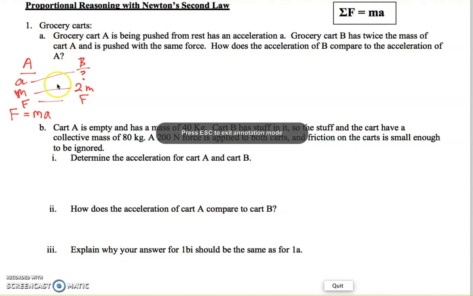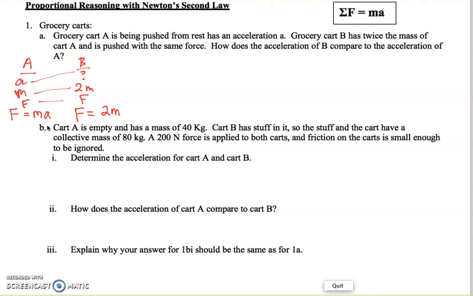Cart A follows this equation, and cart B still follows that same equation, but we have a different mass. So the force is going to equal 2m times something times the original acceleration. This equation, F equals 2m times a question mark, has to be the same as F equals ma. The same relationship has to hold true.